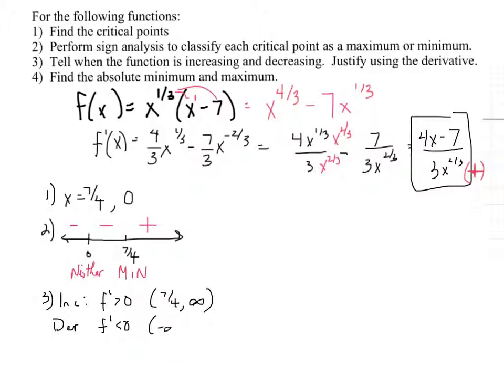Well, that's from negative infinity to 0 and from 0 to 7/4. And you have to break it up like this because at 0, the derivative isn't negative, so the function isn't decreasing. It's decreasing and then decreasing some more, but it's not decreasing at 0, so we have to split this up.